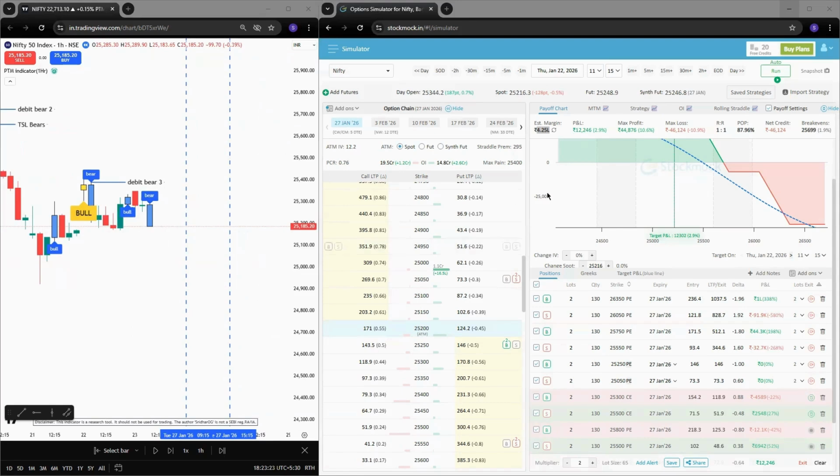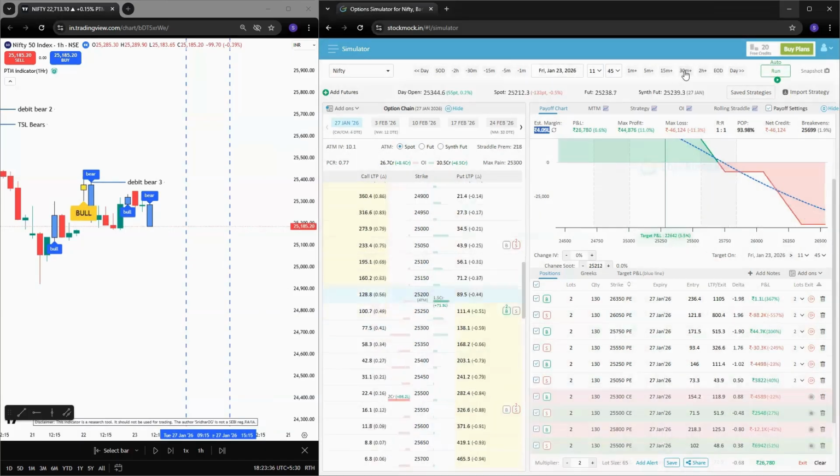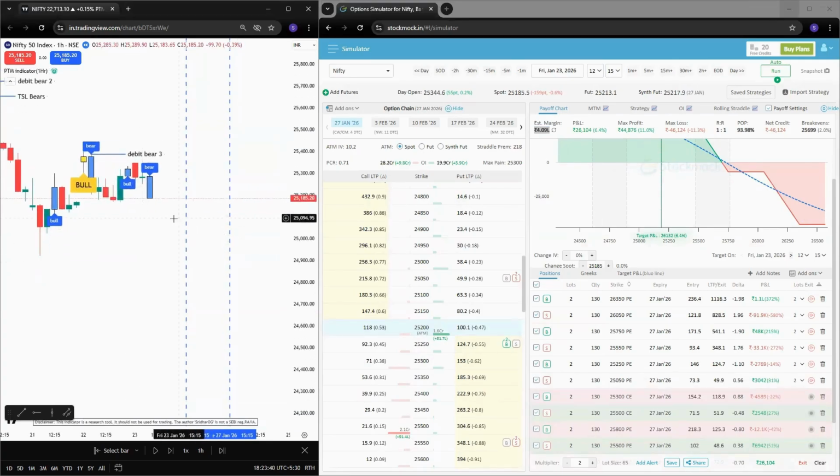But if I check my limit, if I activate a new setup, what time is this? This is 23rd, 12:15. This is the 11:15 candle, so it will close at 12:15. So you can see the market has chopped a little bit. We are almost 2 days away from expiry, and I am going to create a new one.